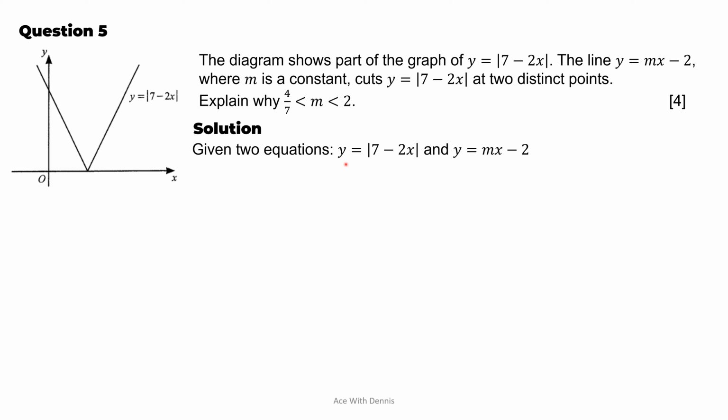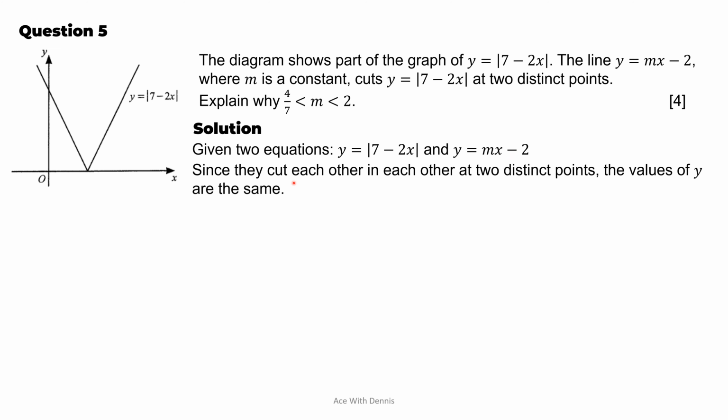We have these two equations, y equals modulus of 7 minus 2x and y equals mx minus 2. Since we want them to cut each other at two distinct points, the values of y are the same. Therefore, we can equate both equations: modulus of 7 minus 2x equals mx minus 2.